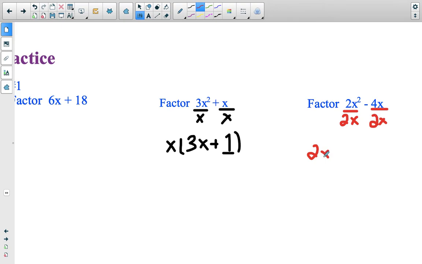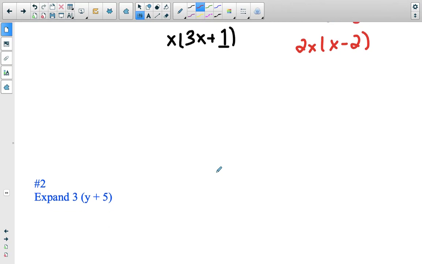Let's divide: 2 divided by 2 is just 1, and x squared divided by x is just x, so I'm left with 1x minus, 4 divided by 2 is 2, and x divided by x is just 1, and 1 times 2 is just 2. That's how I would factor.